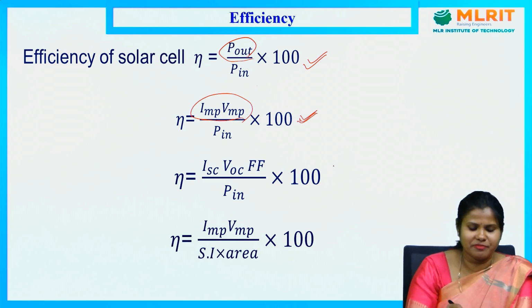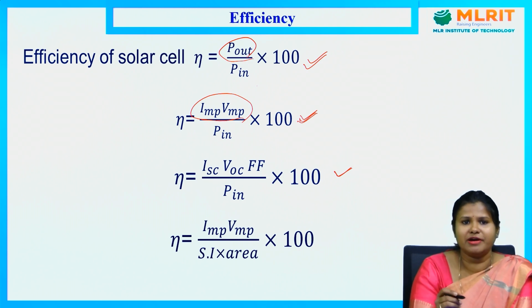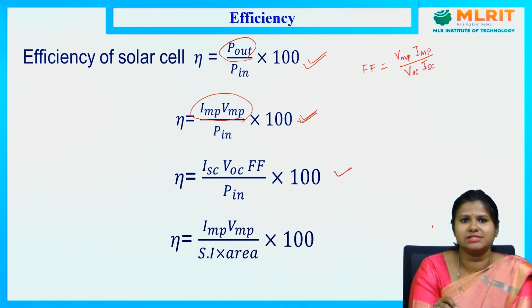Again, from the fill factor also we can find the efficiency of this solar cell. As I told, fill factor is maximum power voltage into maximum power current divided by open circuit voltage into short circuit current. From this equation we can see VMP into IMP will be fill factor into open circuit voltage into short circuit current.